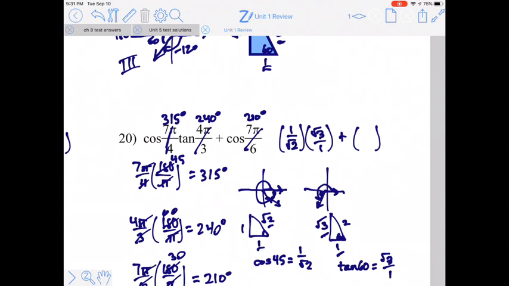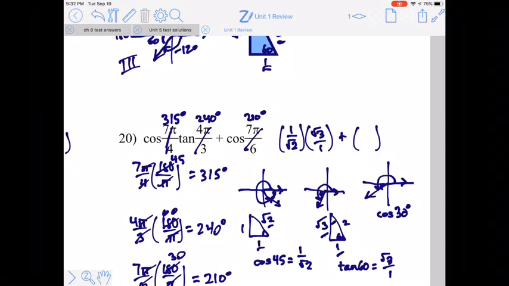Cosine of 210. 210 is right there. The difference to the x-axis between 180 and 210 is 30 degrees. So we need the cosine of 30 degrees. I can use this triangle here that we already have, and 30 degrees would be up in this corner.